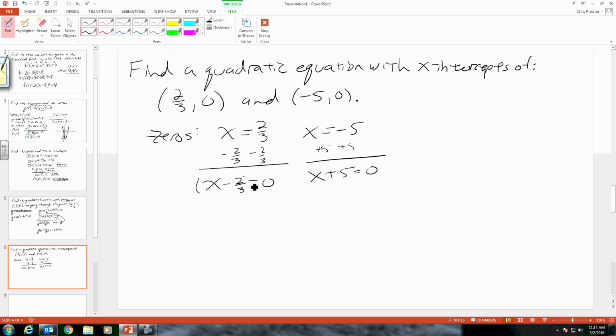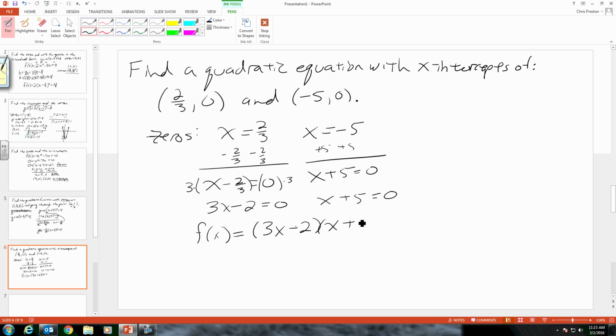So I'm going to go ahead and multiply this one on both sides of the equation by 3, the denominator, and that'll get rid of that fraction. It'll be 3x minus 2 equals 0. And 2/3 still makes that 0, but it's going to be easier to work with. So my function is going to have factors 3x minus 2 and x plus 5.